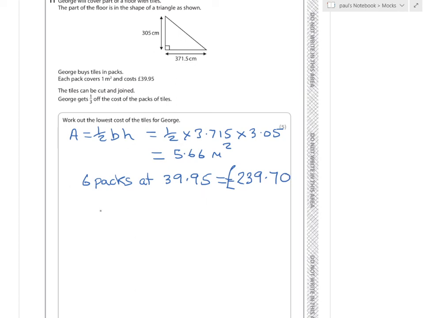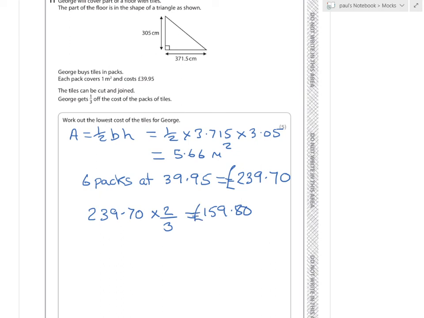Now you're going to get a third off of that. If you're going to get a third off and you want to find the cost of the other 2/3, just multiply that by 2/3. That should give us 239.7 times 2 divided by 3, which is 159.80.